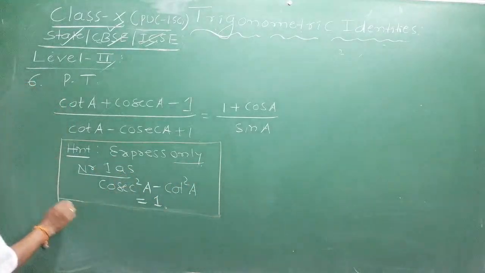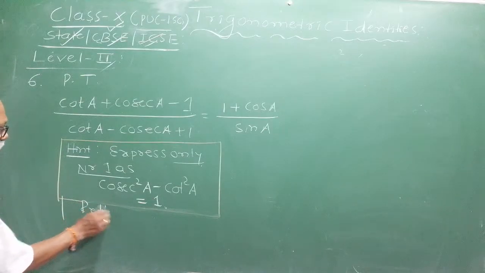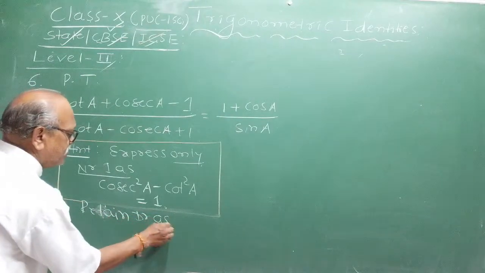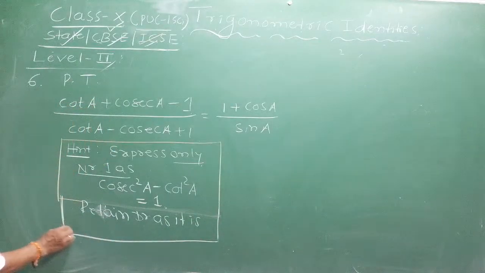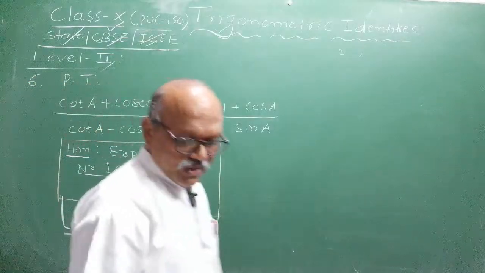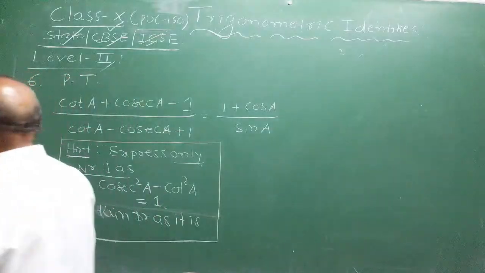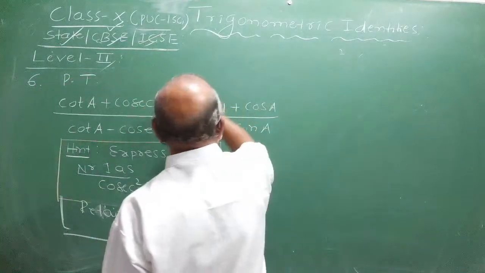Another hint is retain denominator as it is. Don't make this mistake. Retain denominator as it is. This is the hint to solve this problem. Otherwise, you never get to the right hand side. You will be caught in a loop. Very dangerous problem. Remember, one problem I solved already.